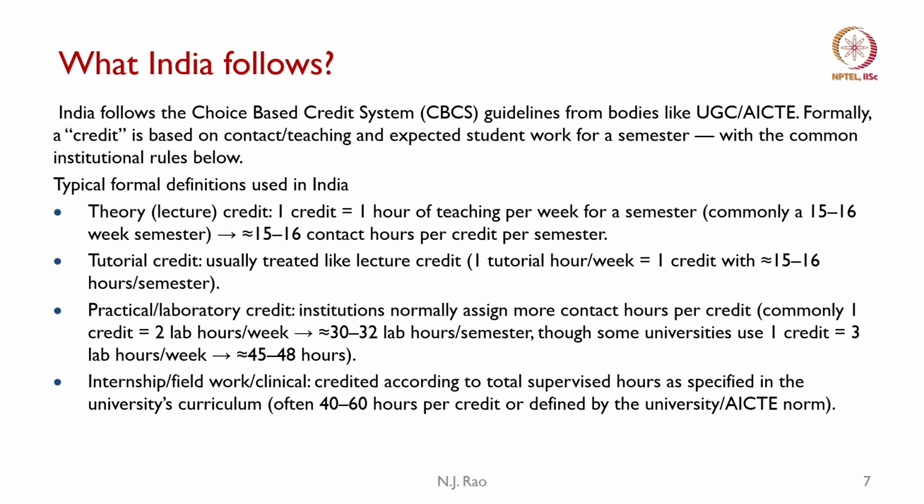Typical formal definitions used in India: theory, if it is lecture based, then 1 credit equals 1 hour of teaching per week per semester, commonly a 15 to 16 week semester. That means you have 15 to 16 contact hours per semester with the teacher in a classroom.